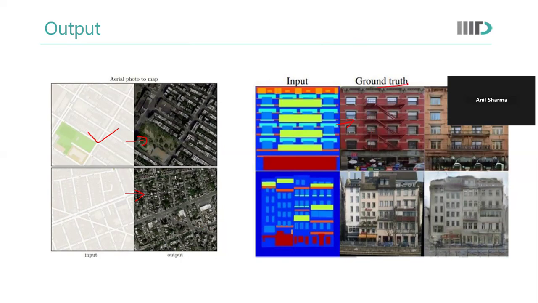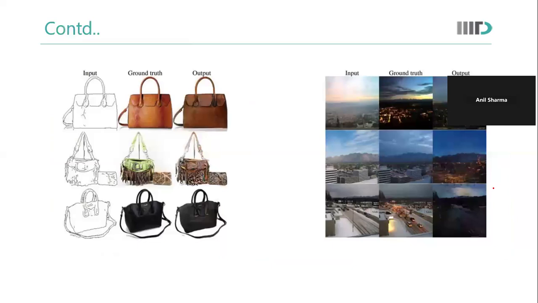This is the ground truth, and this is the output of the pixel to pixel GAN. Similarly here, this is the building corresponding to this particular mask, and this is the image generated by the GAN. See how high quality the images generated by the pixel to pixel GAN are.